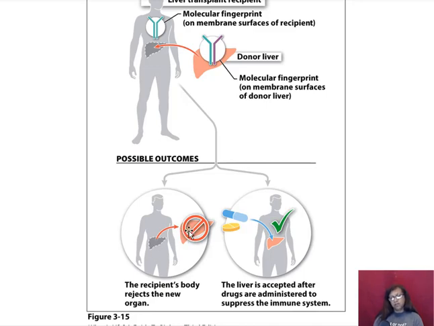So this is host versus graft, and the host wins, right? But we can have this really rare situation where it's graft versus host, where the donor liver, for example, basically the cells that are in the liver, or whatever is actually being transplanted, will communicate with the immune system and say, no, you are very confused.